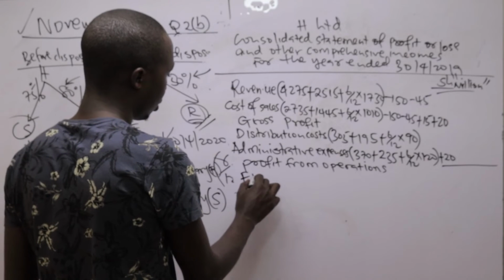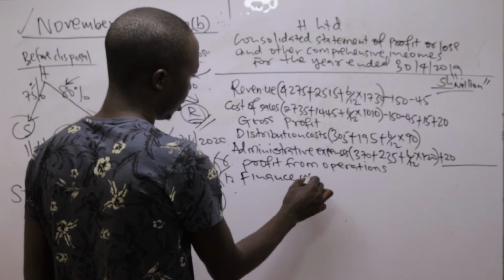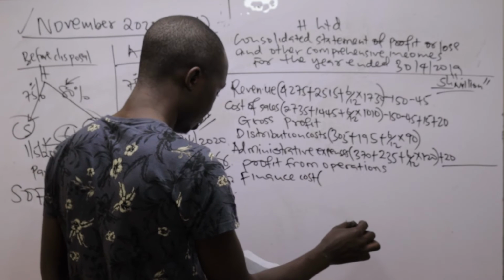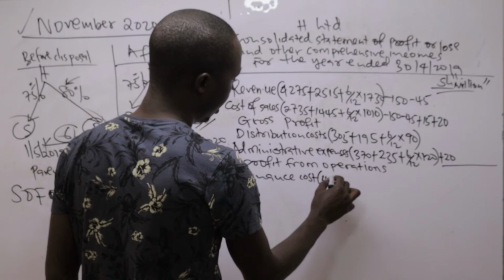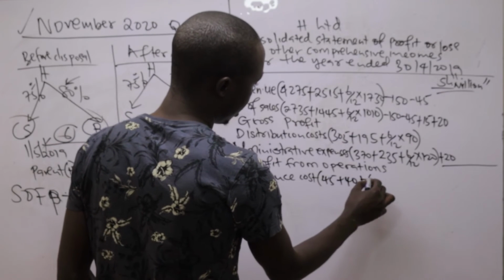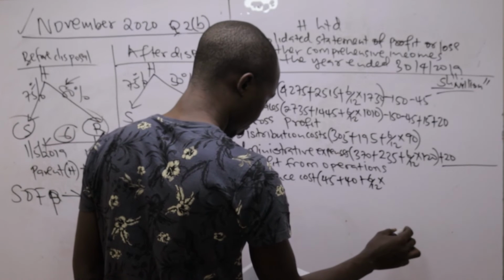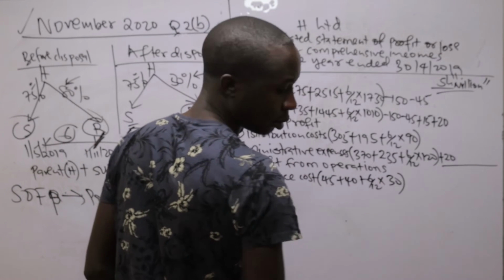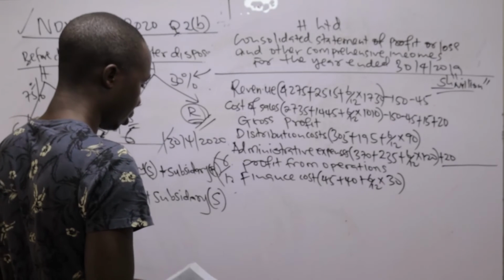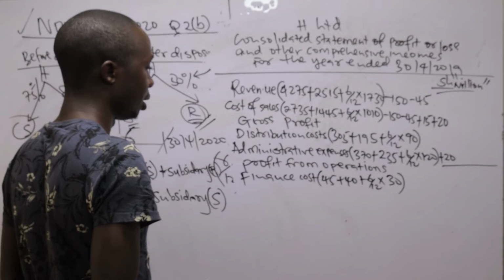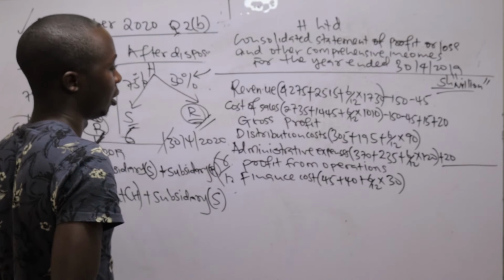Then I can see next there was finance cost. So the finance cost is 45 plus 40, 6 over 12 times 30. After finance cost, before I deduct tax, I have to consider if there is any income.